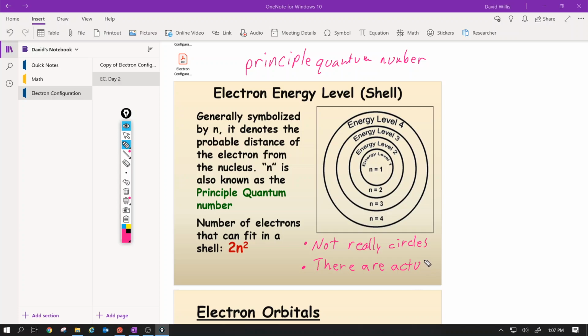There are actually distinct levels. Yes, there's level 1. Yes, there's level 2. Now, within the levels, there are sublevels.